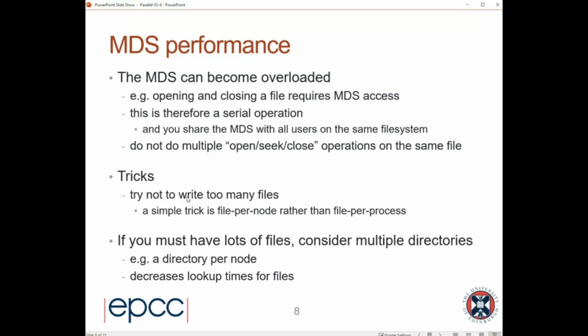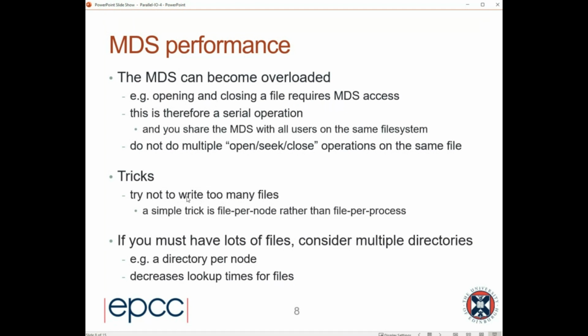If you've engineered your code and don't have the ability to change it to use a parallel I/O library, file per node is much better than file per process.